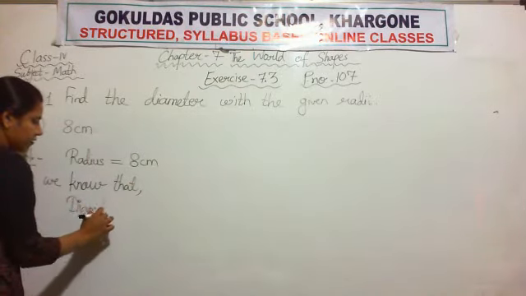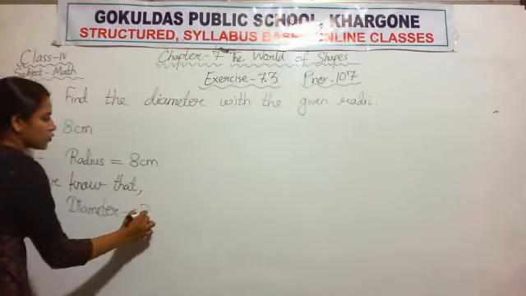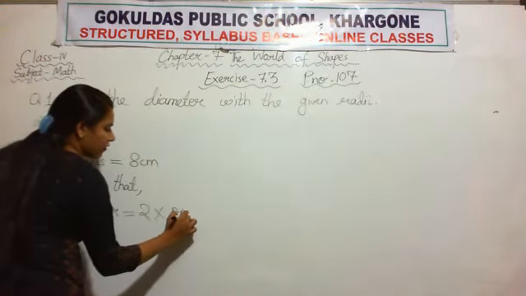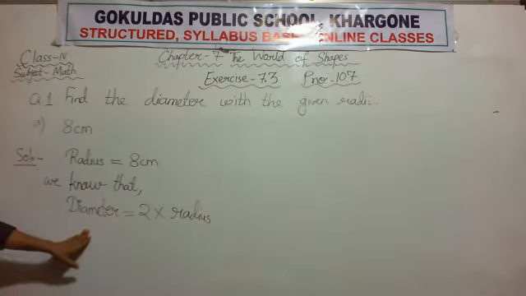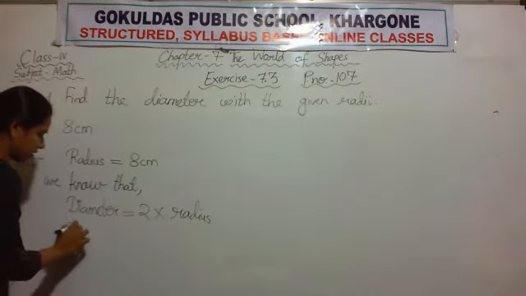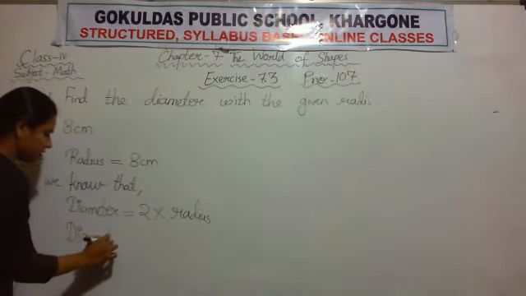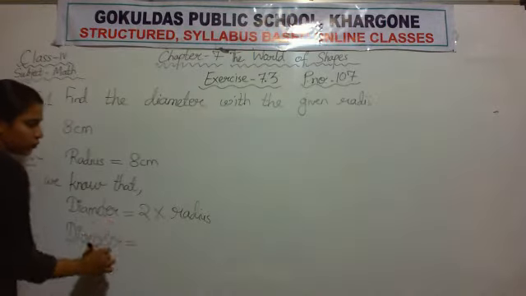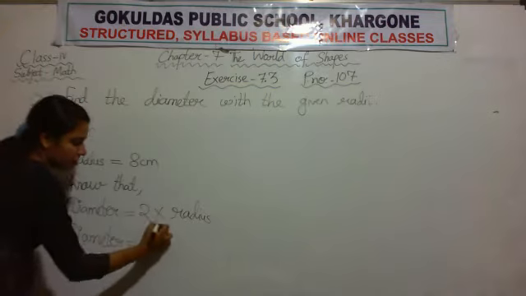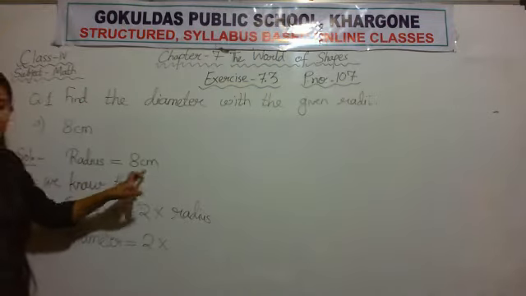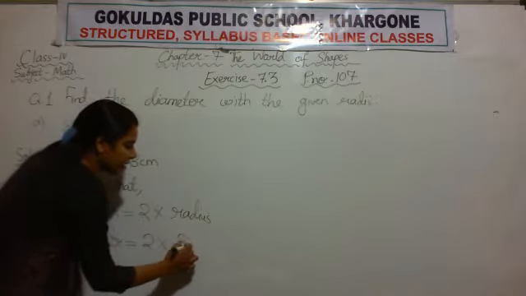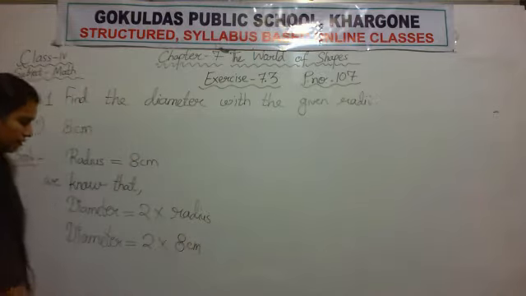Diameter is equal to 2 multiplied with radius. Radius is 8 centimeter, so we write 8 centimeter in place of radius.